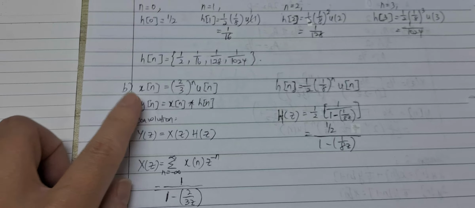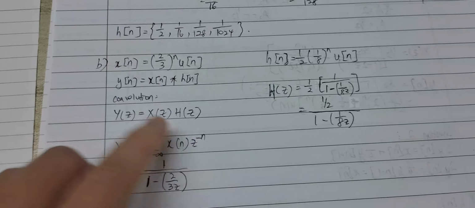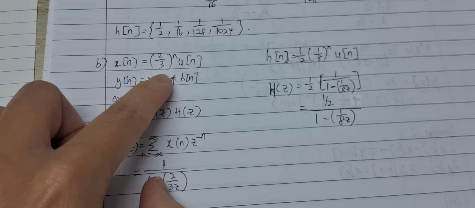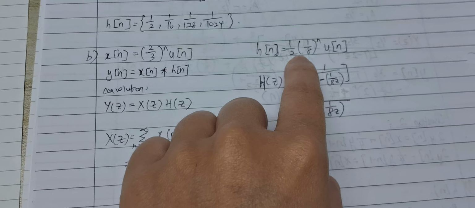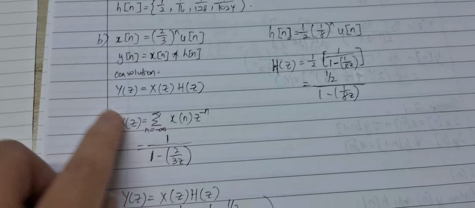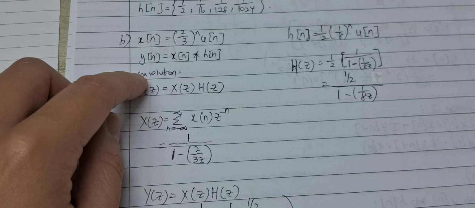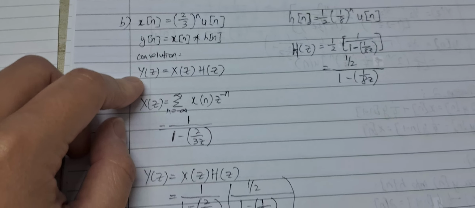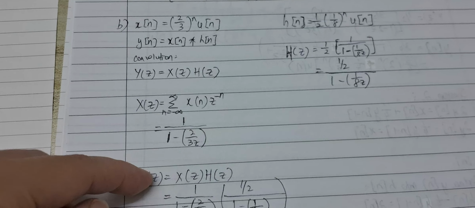So for the B question, we find xn is (2/3)^n un, and hn is 1/2 times (1/8)^n un. So we need to do the convolution. After that, we need to inverse Z transform back to yn.